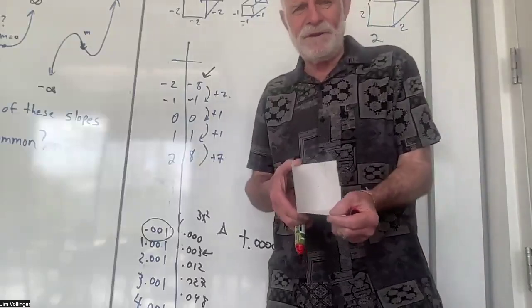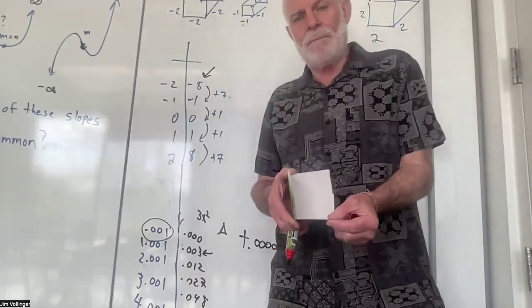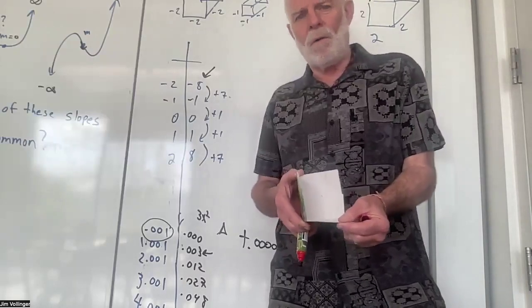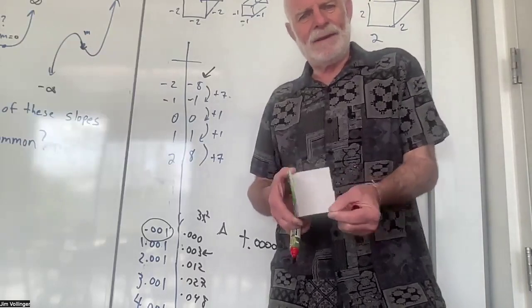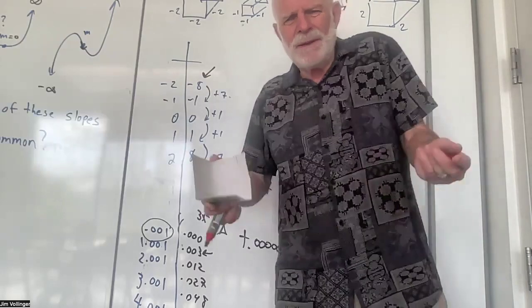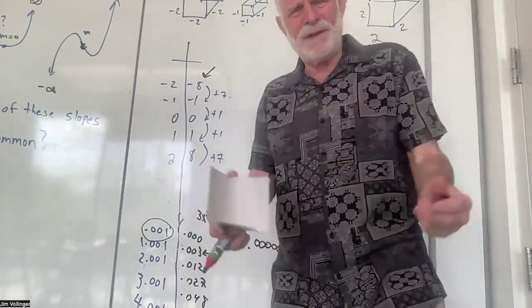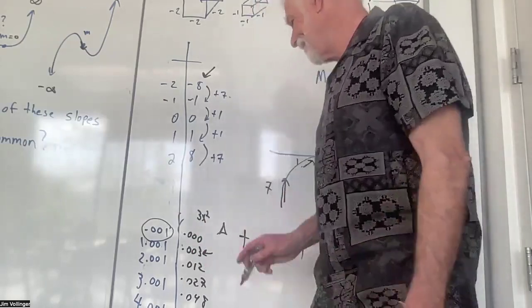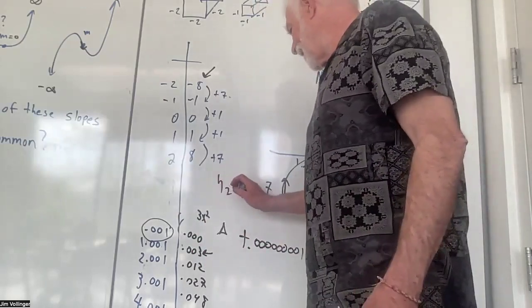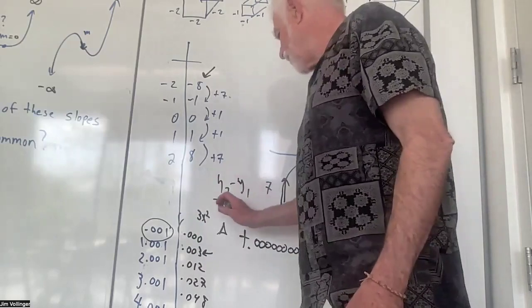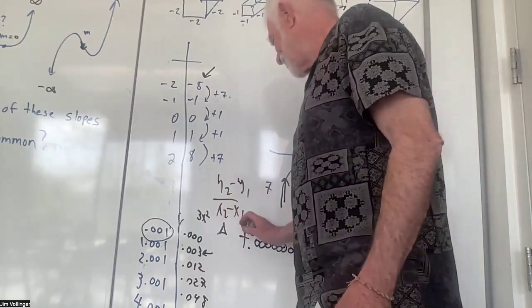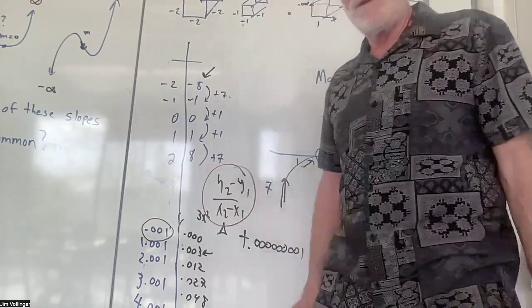If I want more accuracy, then I make a 0.001 thickness. And I can build in more accuracy. And that's what limits are all about. All right. The smaller the change, the more accurate the calculation. For what? y2 minus y1 over x2 minus x1. We're still talking algebra 1.